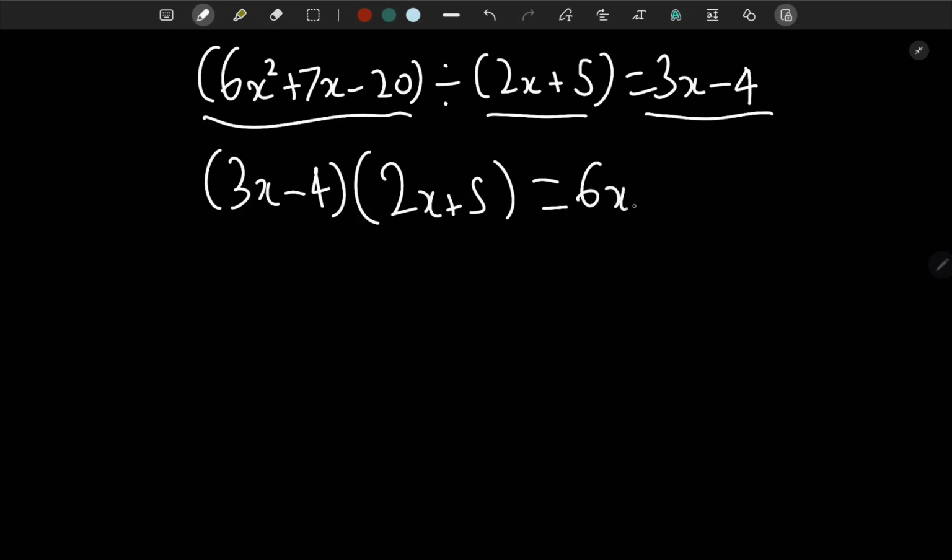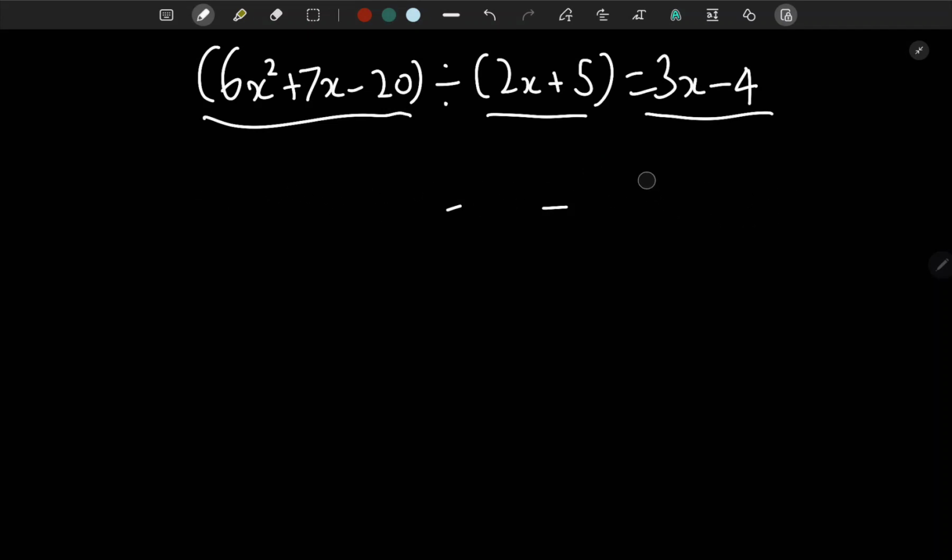Now, I just thought of a shortcut method that I just came up with right now, which is that if you put in any value for x here, let's say 0, 1 or 2, you should get the correct number. So what I mean by that is, let's say we put 0 in for x here.